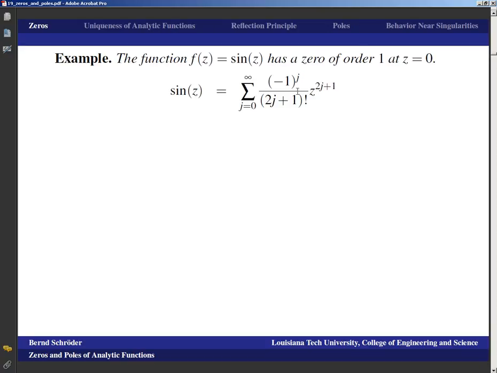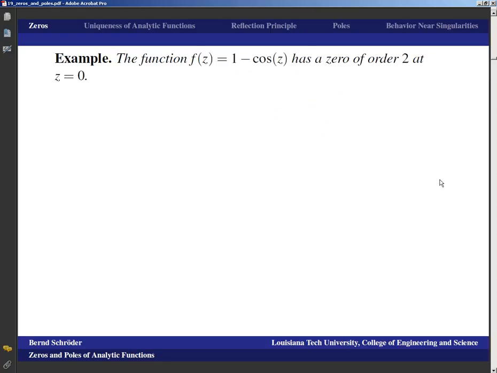Of course, we have to get the coefficient right, but what we're really focusing on is that it only has odd exponents. That means we can pull out a z, everything else stays the same. The 2j plus 1 turns into just a 2j. And that's it. That is, by the previous theorem, what it means to have a 0 of order 1.